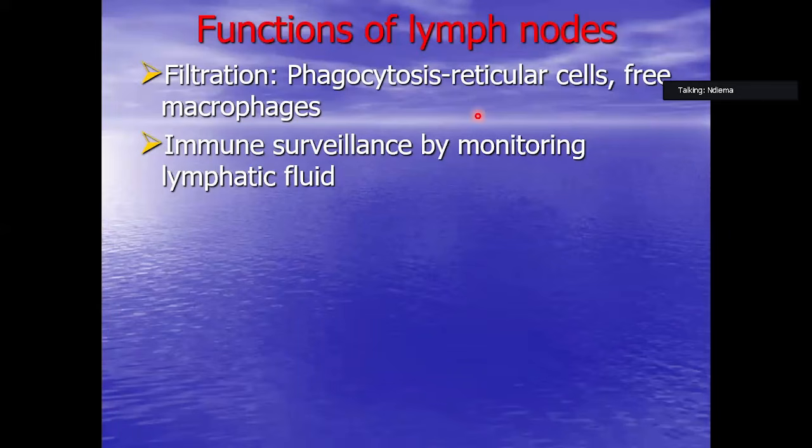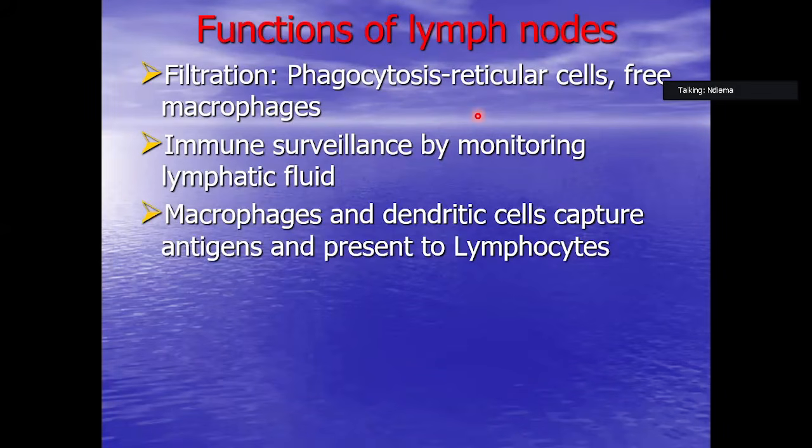So they monitor the lymphatic fluid as it passes through, and in the process pick up any antigens and present them to the B lymphocytes and the T lymphocytes so that those can be activated, either to kill the bacteria, to kill the viruses, or to produce antibodies against the foreign material.